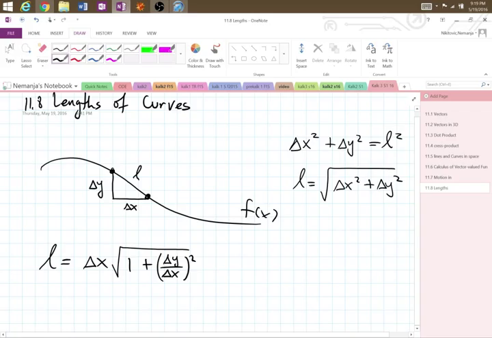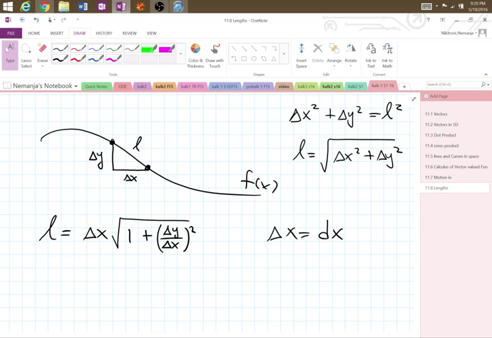Now, when you factor delta x out of delta y, you just divide it by delta x squared. So now you have delta x times, and we know from our calculus 1 that delta x is dx.